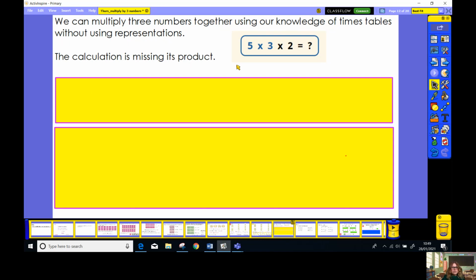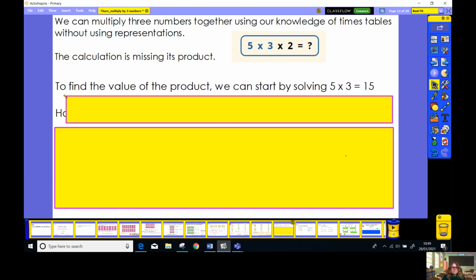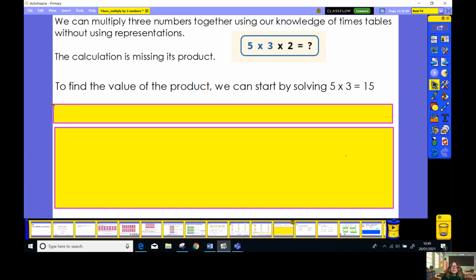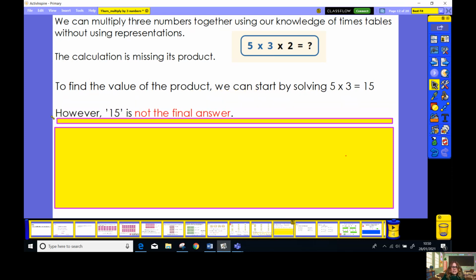Now, first of all, I'm going to start with the first calculation. We start off by finding the value of that first calculation, 5 times 3. I know my 5 times table and my 3 times table, I know the answer is 15. Now, that 15 is not, however, the final answer.